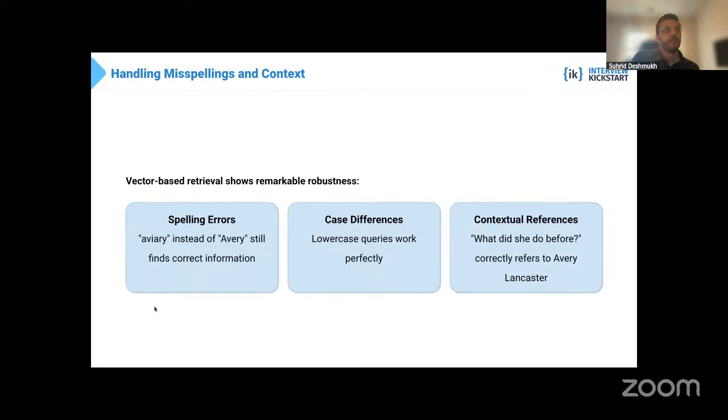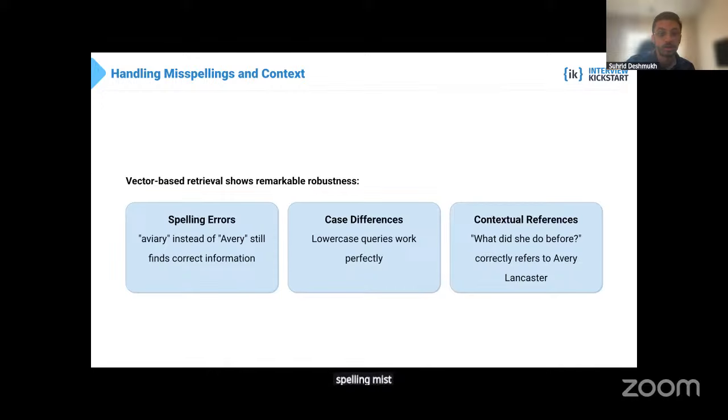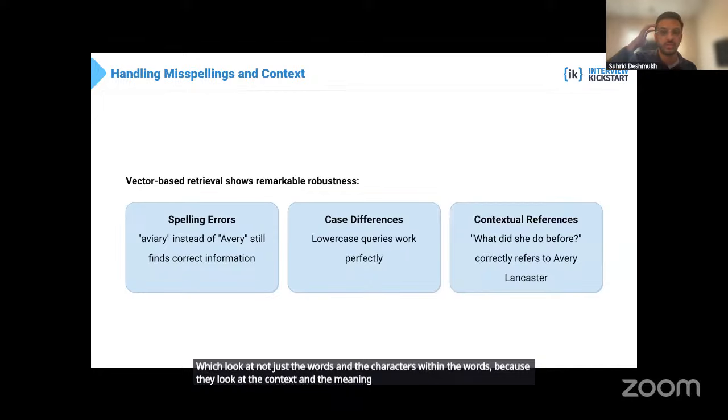Another thing that vector DBs and the packages based off of them enable you to do is handle spelling mistakes very well, because they do semantic search, which looks not just at the words and the characters within the words, but at the context and the meaning associated with the word.